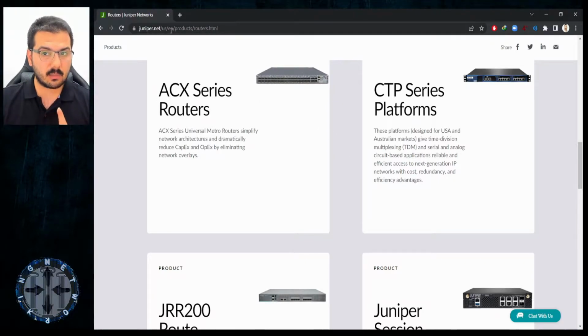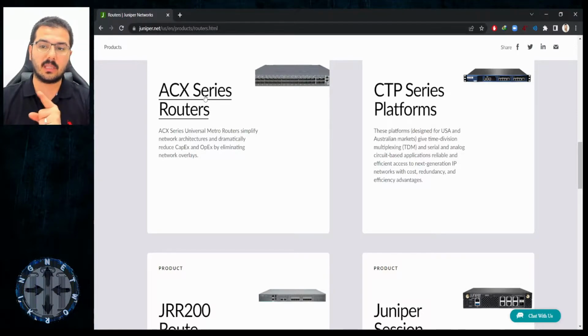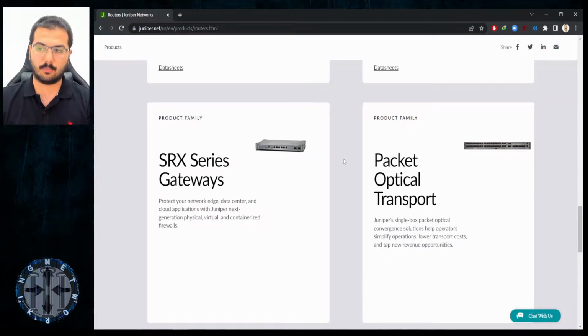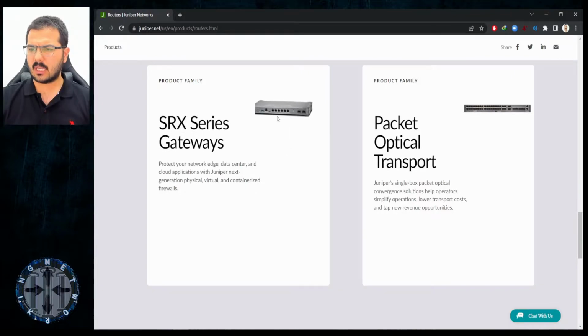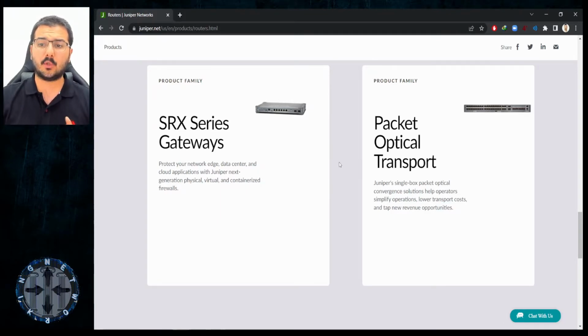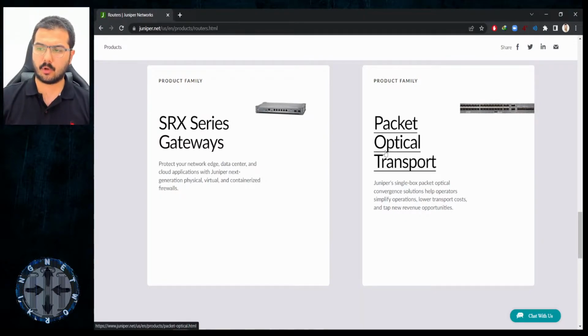Now, since we are seeing something official on Juniper.net, it means that these are not EOL, end of life or end of support. They are still available. This is the idea. Now look at this. This is an exception because this is a firewall that I will talk about in a minute. Not a real router, but you can operate it in a packet-based mode, and that's why you can make it work as a router. That's the packet optical transport.